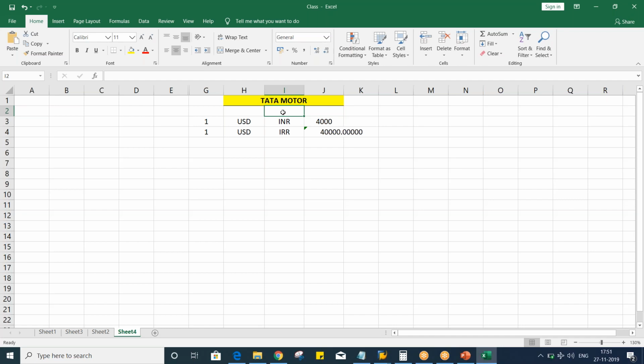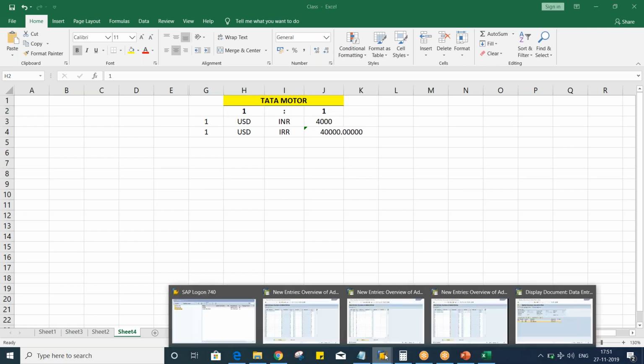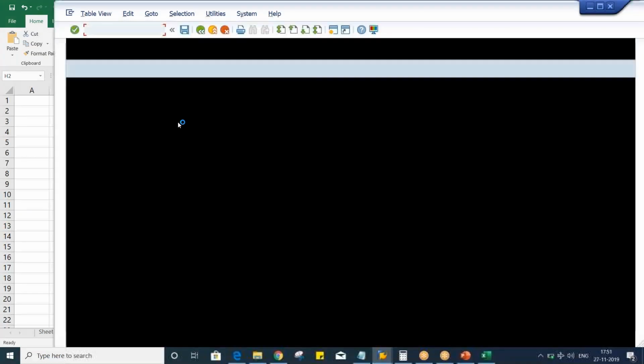Now we are saying that the currency relation is not 1:1, guys. Right now, what we have given is 1:1, right? If you are able to see here, what we have given is 1:1.